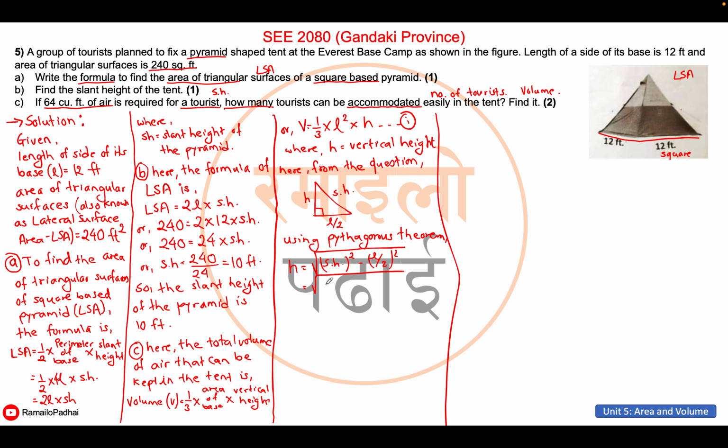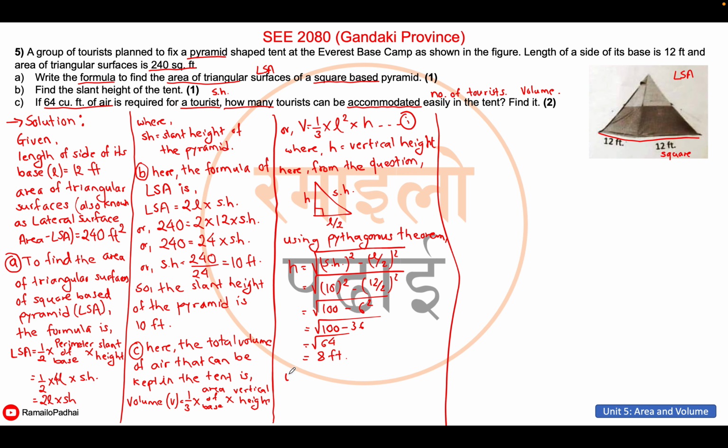Yes, the slant height is 10, so 10 square minus L is 12, so 12 upon 2 square, is equal to root under 100 minus 6 square, is equal to root under 100 minus 36, root under 64, is equal to 8 feet. Okay, so the height of this tent is 8 feet.